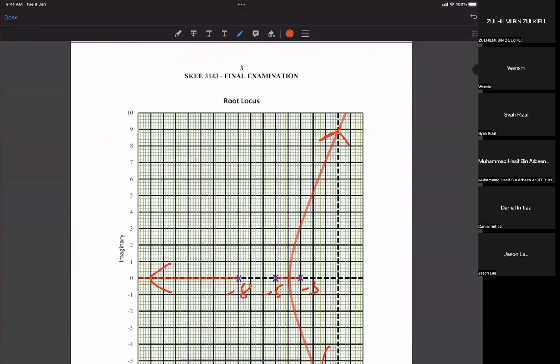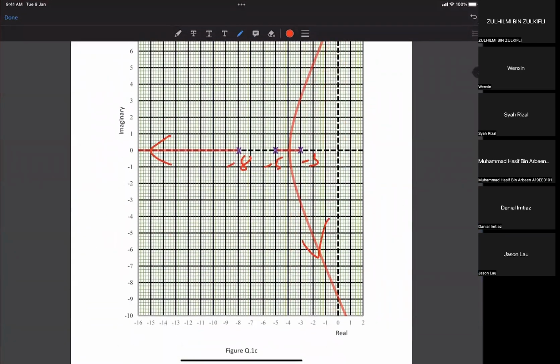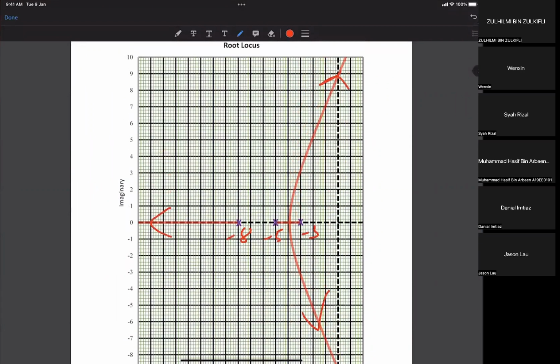Too big. Look at the scaling. If we take minus 1 plus 7, okay, try minus 1 plus j7.